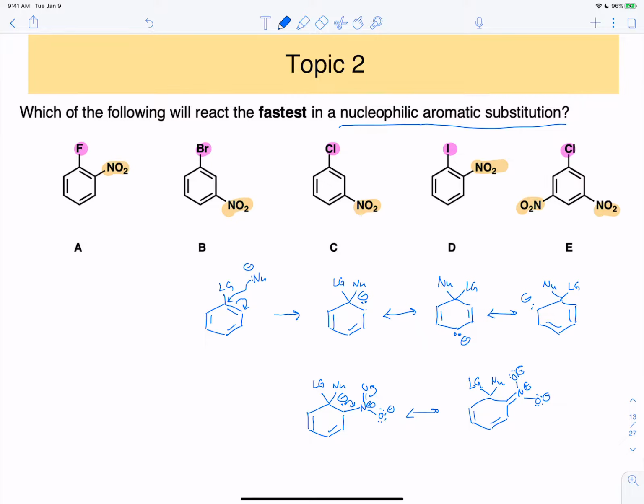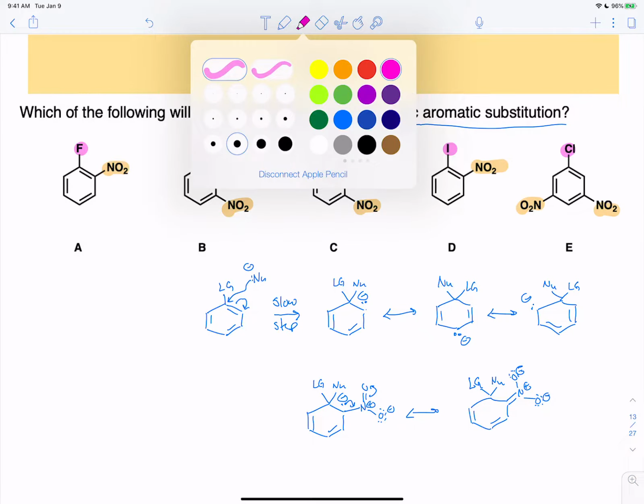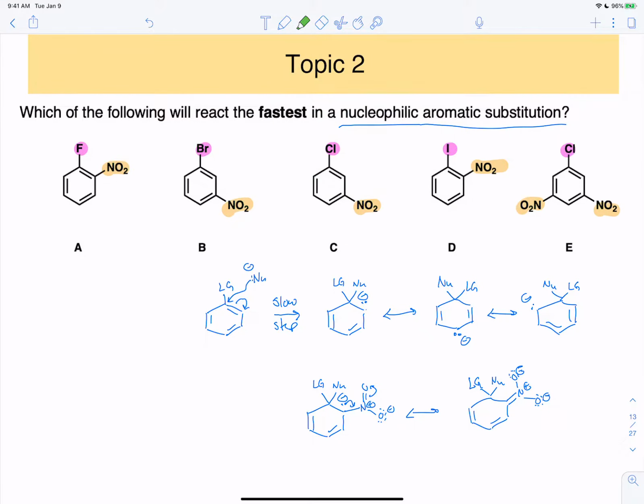The slow step, similarly, is going to be the addition to break aromaticity, so there really needs to be a really nice stabilizing group in order for that to occur. If you look at where the charge ends up going on the benzene ring, it's here, here, and here. So it's ortho and para. That means on the starting molecule, we want to have that electron withdrawing group in the ortho or para position.